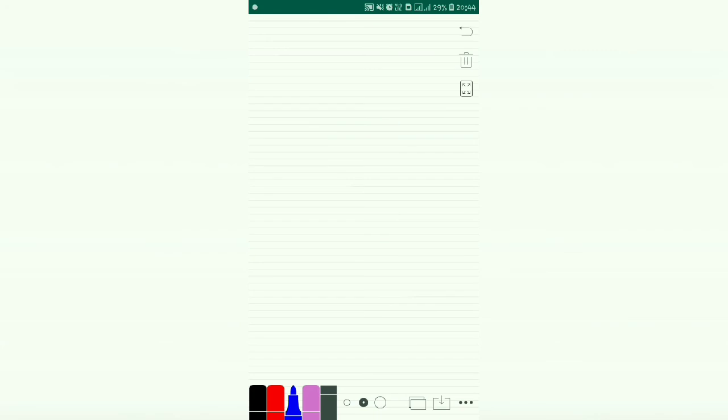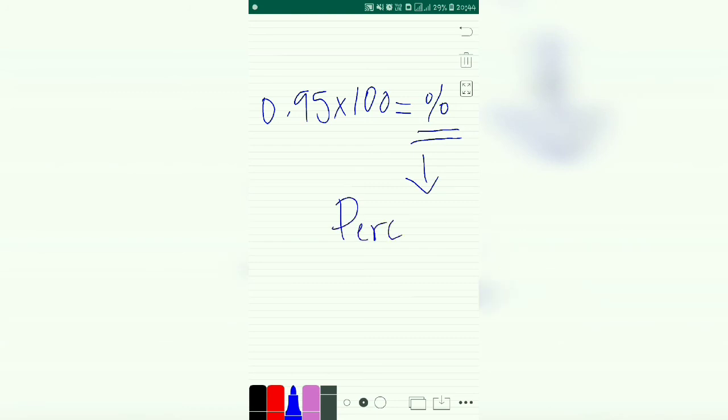Now let's continue with the question. As the question said, we have now 0.95 into 100 is equal to percentage. The reason I am writing this sign is that there is no place to fit the word percentage. You all have to write the word percentage.